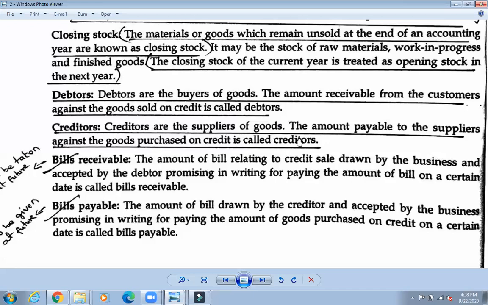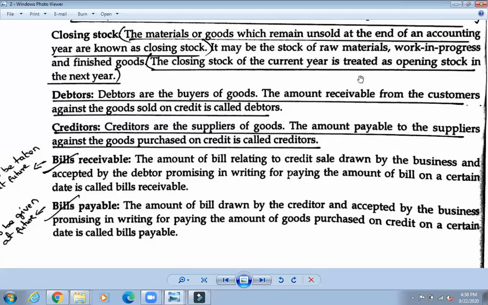Whatever I need to receive, I have not received it, but the goods I gave on credit, that is called the creditor. So they are the supplier and the amount payable. The amount which the customer needs to give me, that I am not getting, then that is called the creditor. The amount which I need to give to others.